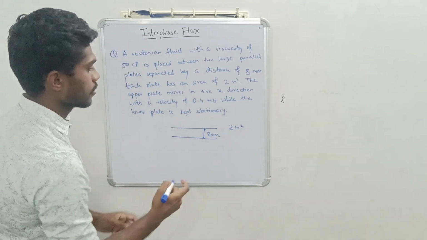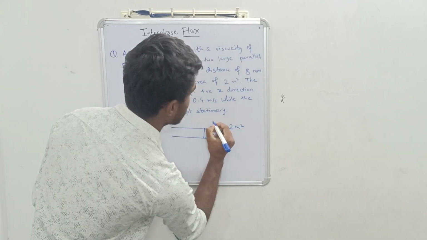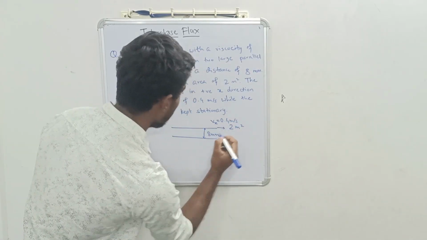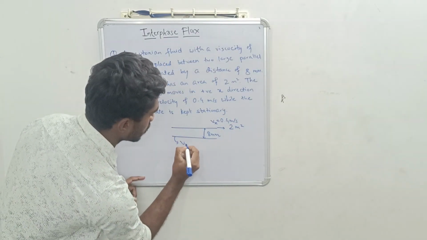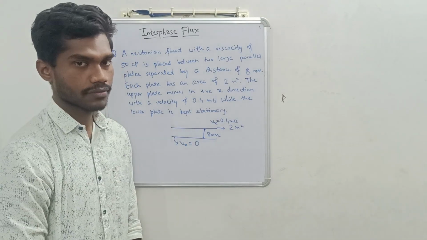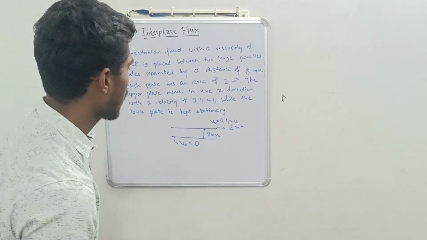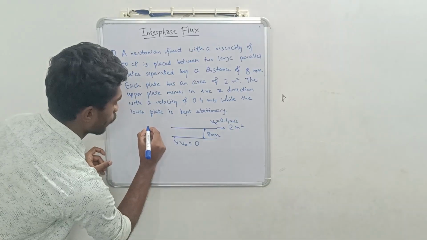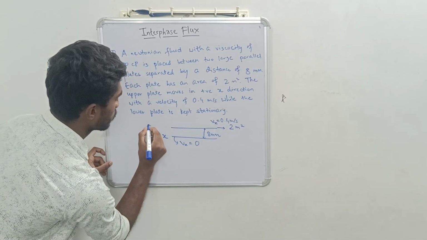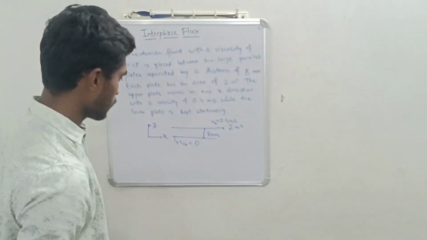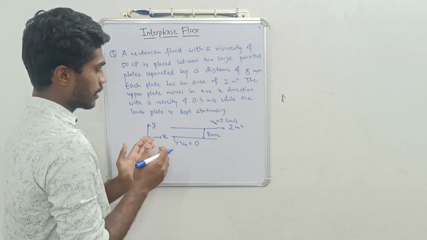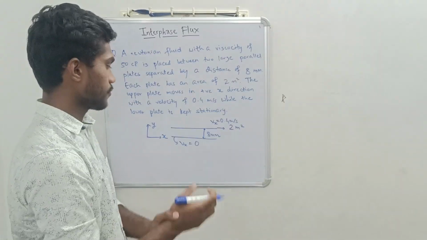Also, the upper plate is moving in x direction with a velocity of 0.4 meter per second and the lower plate is kept stationary, so its velocity is 0. Now we can form two axes: this is the x axis and this is the y axis, and we know that momentum is transferred in y direction while the velocity is in x direction.